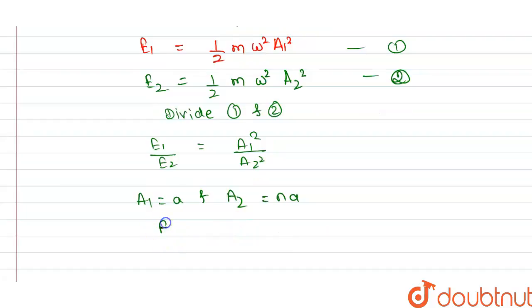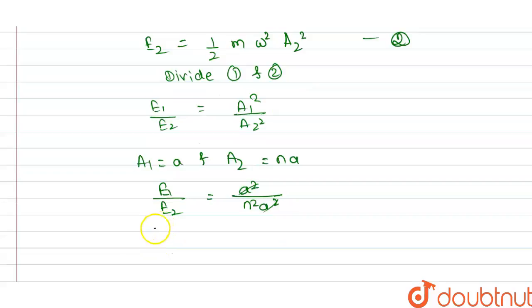So from this we can say that amplitude 1 squared divided by amplitude 2 squared is A square over n square A square. So A square and A square cancel out, and we are left with energy 1 to energy 2 ratio equal to 1 divided by n square. So this is our answer here.